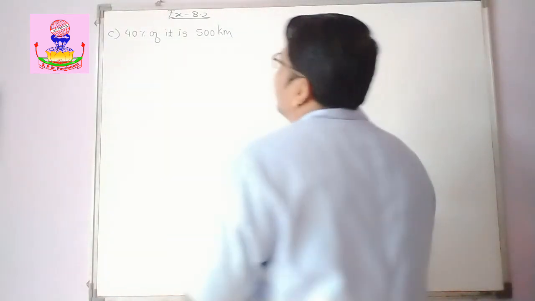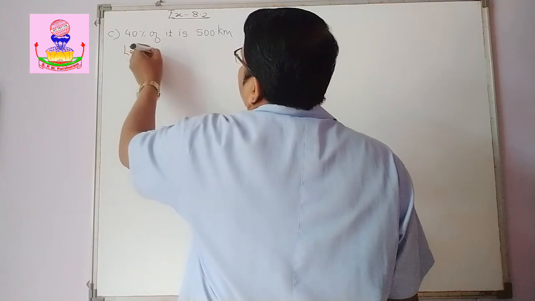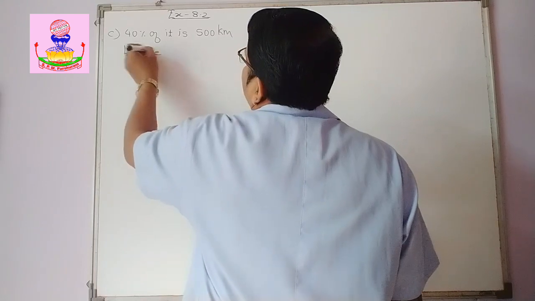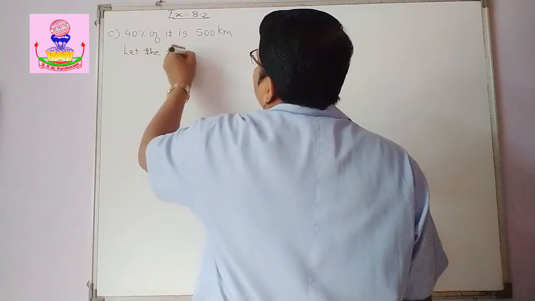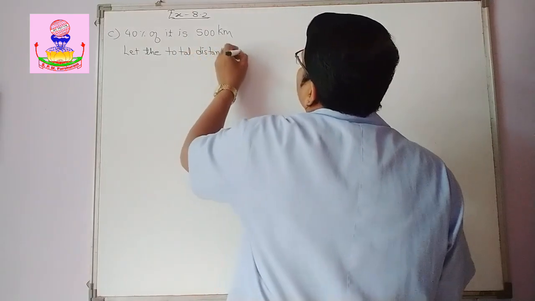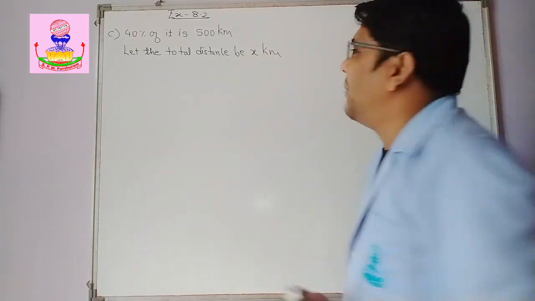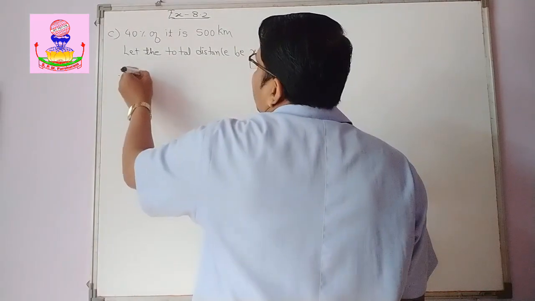Now see next example. See, 40% of it is 500 kilometers. It means we don't know. So let the total distance, here it is distance.